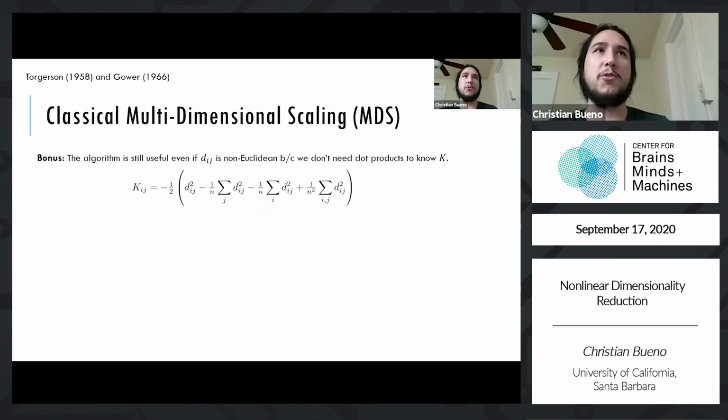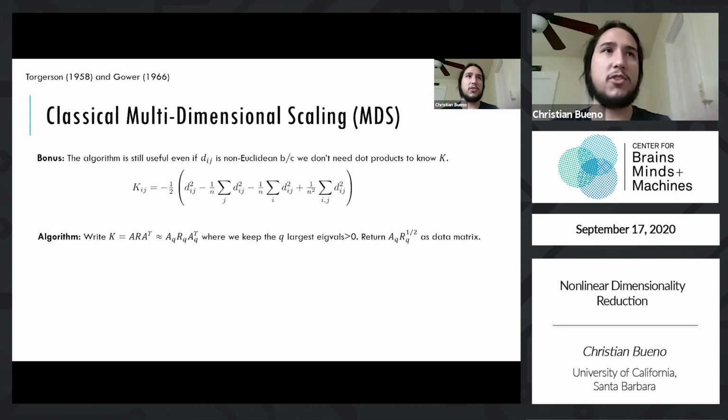But the algorithm is still useful. You can still build this matrix, even though we don't know a priori whether it's Euclidean. And you just do the eigendecomposition. Now there's a risk that you might have negative eigenvalues, but you just make sure you don't use any of those. We still want to keep the top Q eigenpairs.